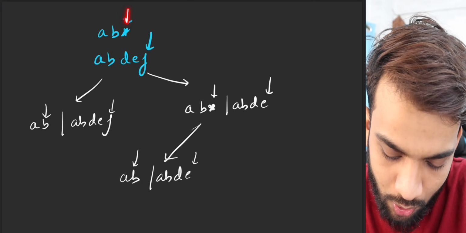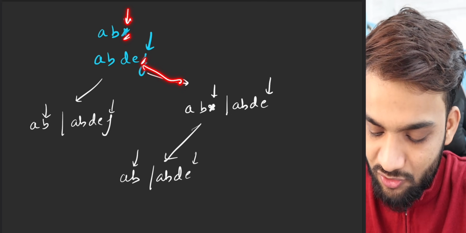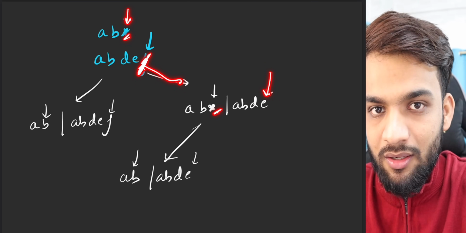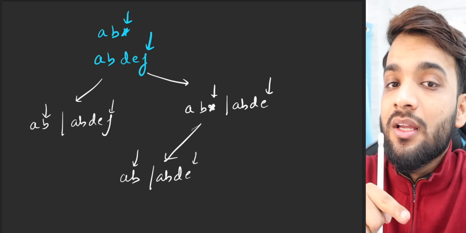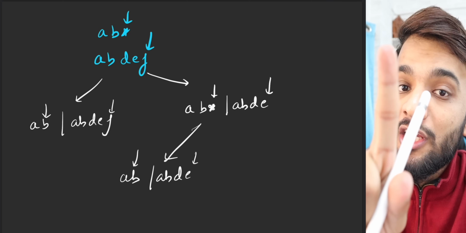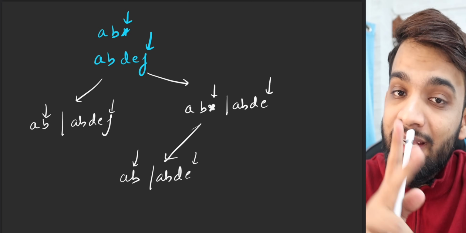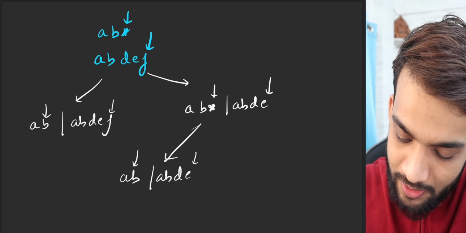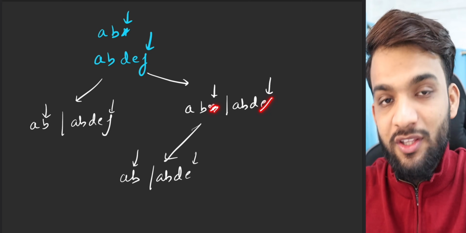You first said, okay, star means 1F. Let's reduce. Then you said star means nothing. 1F and nothing equal to 1F. Right? Now I needed DEF. How will I do that? I'll again do the same thing. I'll say this star, let's match it with this E.